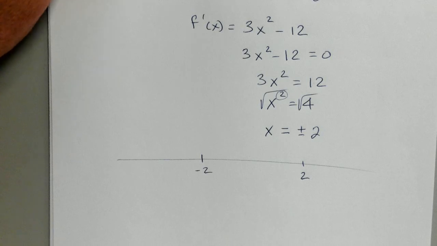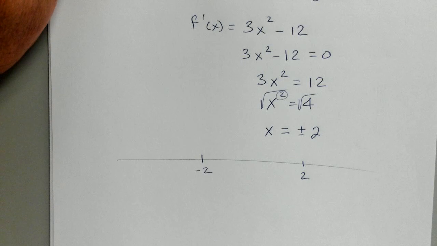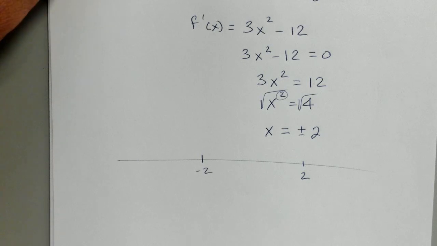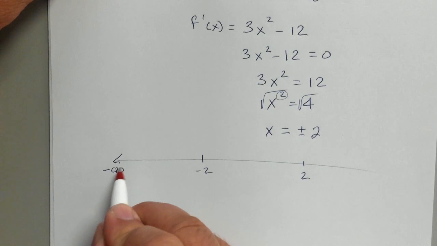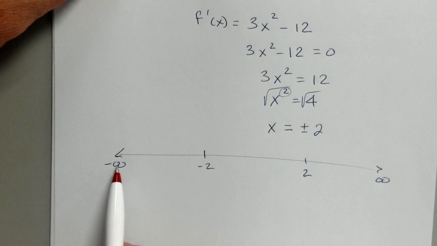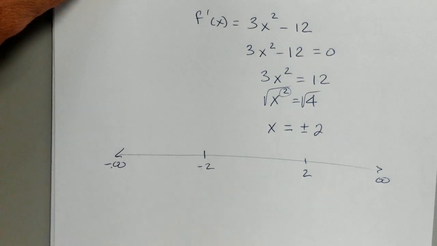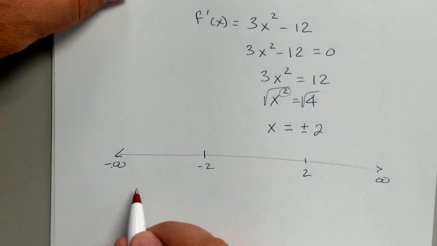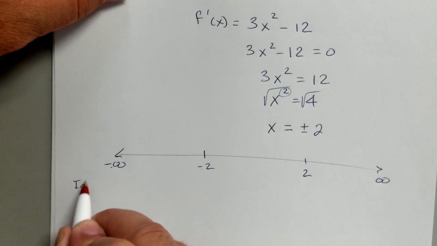So now, how do we determine where it's increasing, where it's decreasing, and how will we do that? For example, what's happening between negative infinity and negative 2? What's happening there? This is our interval.